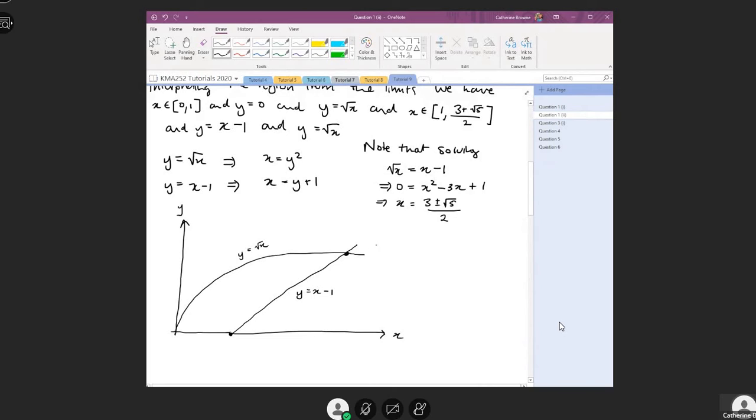And so this point here, that's the 3 plus, obviously not minus, root 5 on 2. That intersection would be over there somewhere. And then 1 plus root 5 on 2, so that's the y value. And I've just found that by either going y is equal to the square root of x or y is equal to x minus 1. They will give you the same answer because it's the intersection of those two lines.